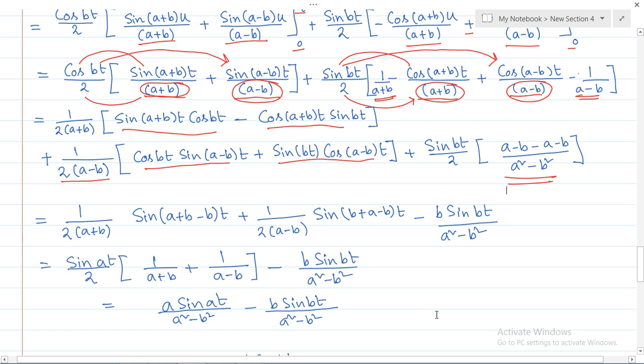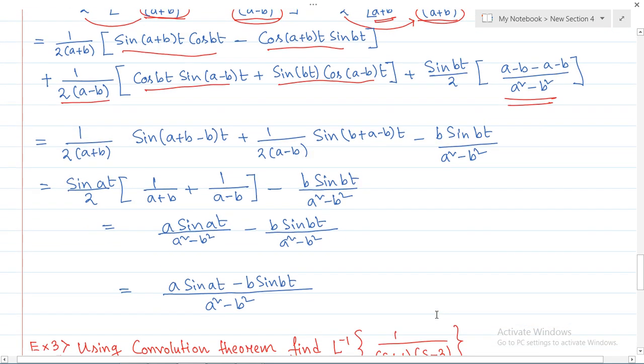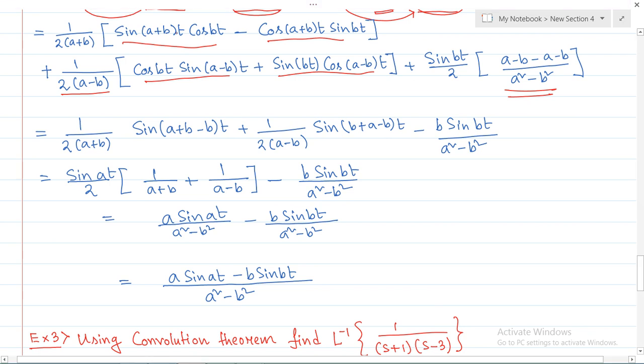From the first bracket term, that is sin of (A plus B) t cos of bt minus cos of (A plus B) t sin of bt, it will come from the formula sin A cos B minus cos A sin B. This can be written as sin of (A minus B).